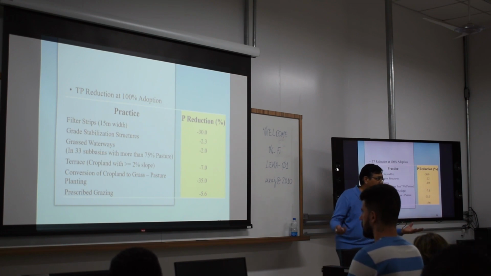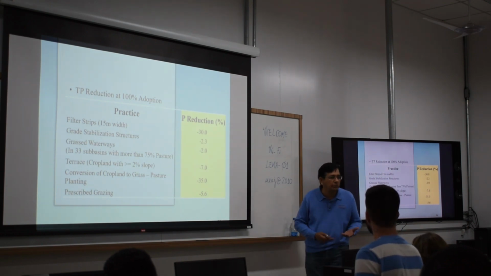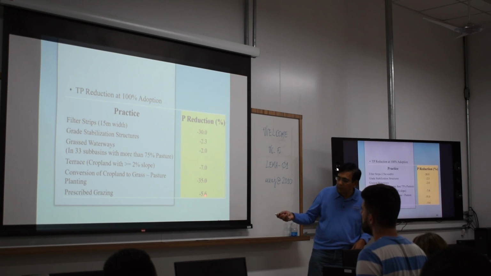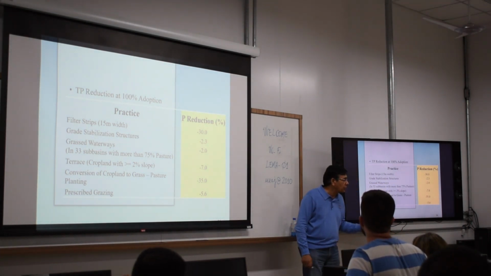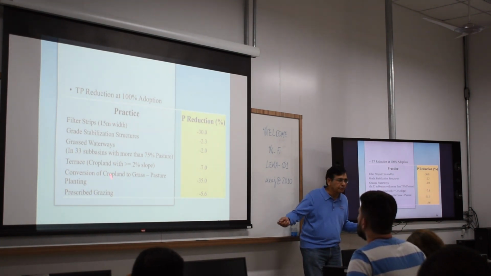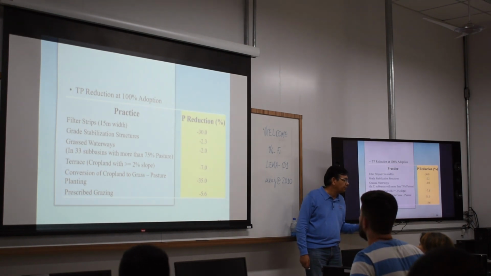But we can't expect 100% of the farmers to cooperate, right? Everybody cannot cooperate. So we have to do some optimization. We took these numbers and gave them to the economists. Economists ran an optimization model based on how much it's going to cost to do this conversion. Who's going to pay for it, right?